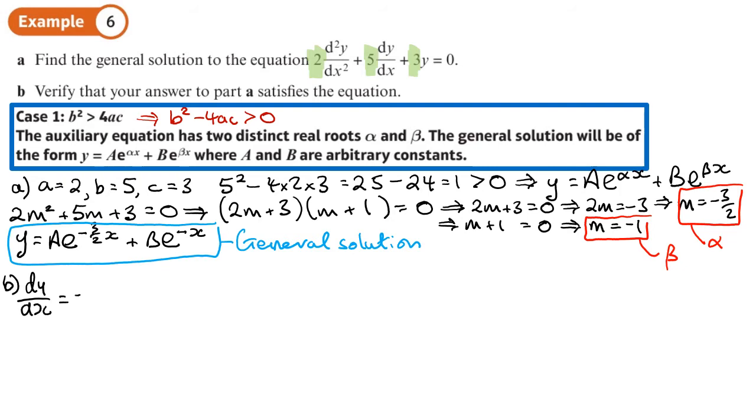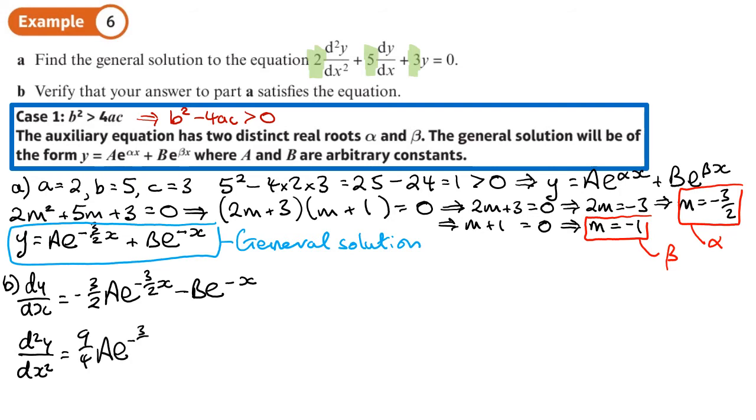That will be minus 3 over 2 a e to the minus 3 over 2 x minus b e to the minus x. So that's what we get when we differentiate once. When we differentiate twice, we'll get 9 over 4 a e to the minus 3 over 2 x plus b e to the minus x.